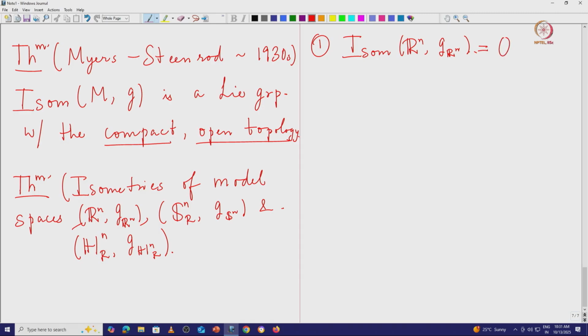So in fact the isometry group is a semi-direct product of these two. Okay, so these represent the rotations or the orthogonal transformations which keep the origin fixed, and these are the translations.